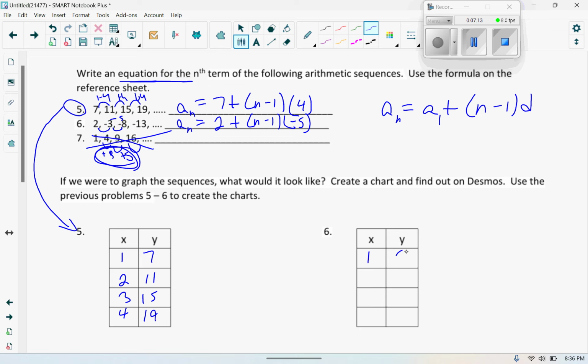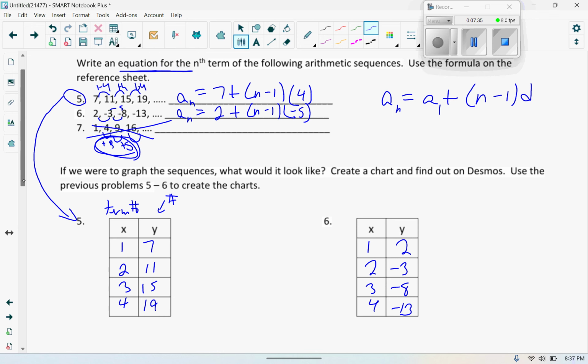Our first term is 2, our second term is -3, our third term is -8, and our fourth term is -13. So feel comfortable with going back and forth. This is just going to be your term number, and this is just going to be the actual sequence number.